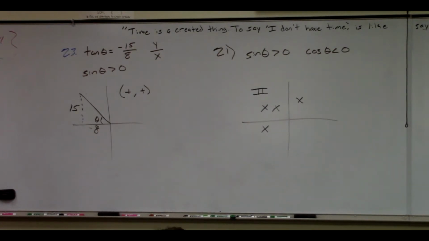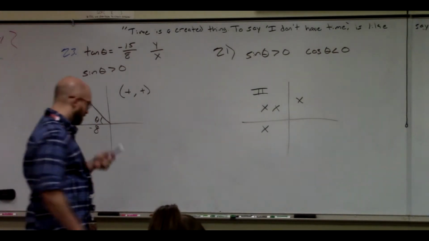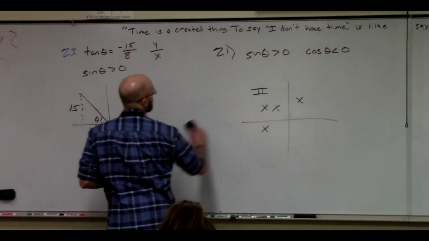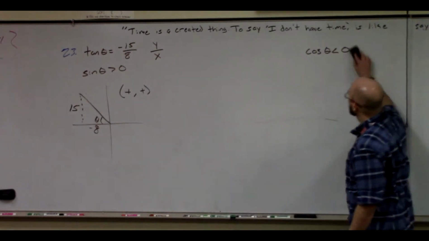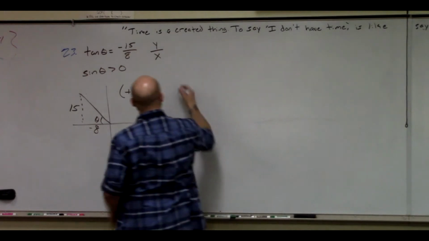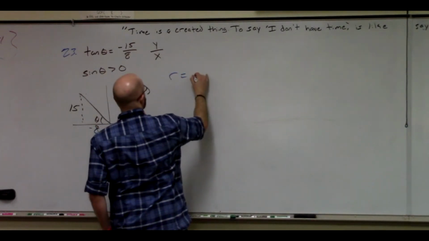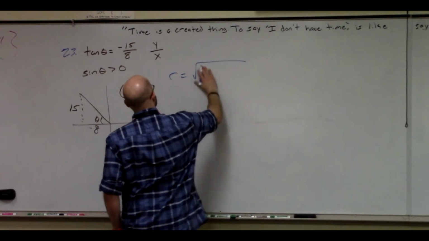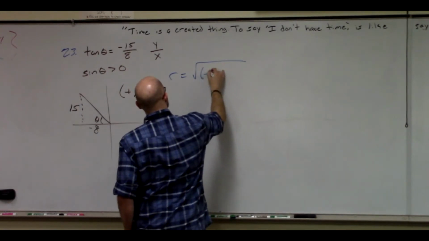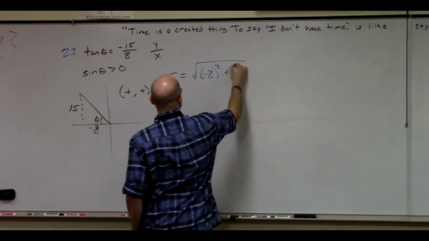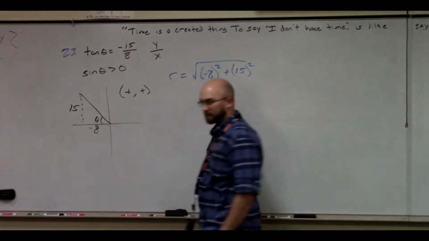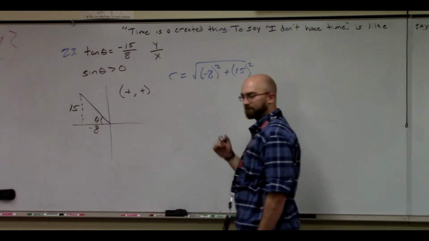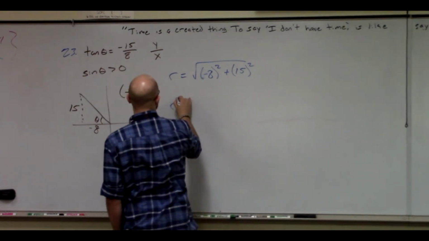How do I find r? Square root of x squared plus y squared. If you don't want to memorize that, it's just the Pythagorean theorem. Why is it written like that if it's just the Pythagorean theorem?